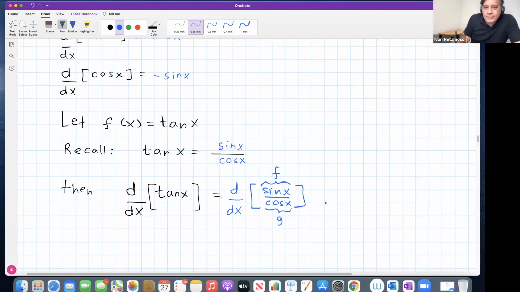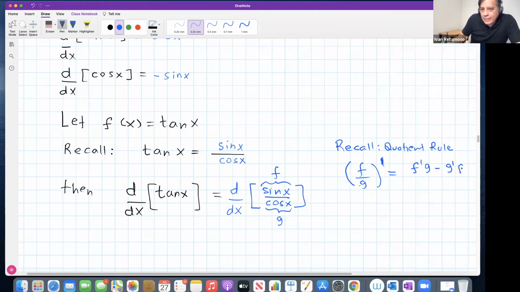Let's recall the quotient rule, which you should memorize too. We're going to use it a lot. When you take the derivative of f divided by g, that's equal to the derivative of the numerator f times the denominator g, minus the derivative of g times f, all over g squared.